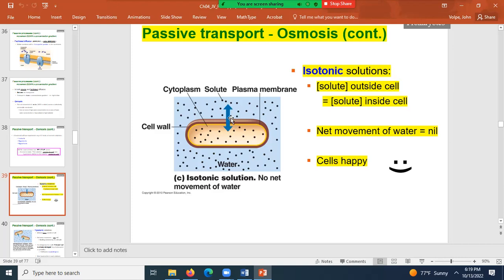When I say no net movement, if one water molecule moves into the cell, then one water molecule moves out, so the net movement of water is equal. The cell is happy in an isotonic solution because no water will leave the cell and no water will enter the cell.